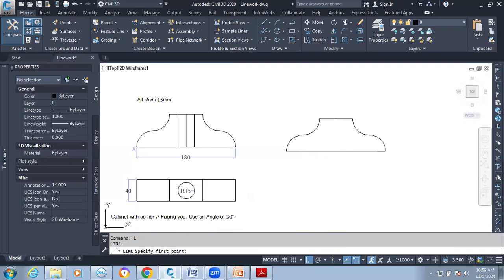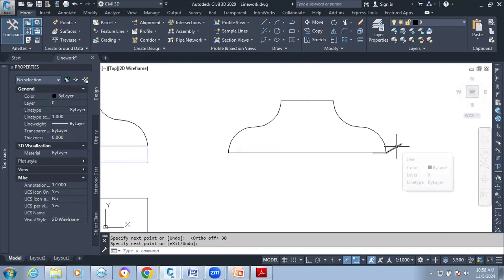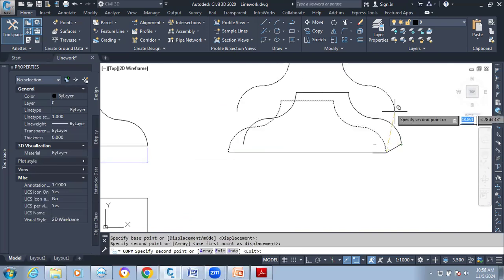So line, 20, tab. So this is the receding line. You could copy the same front face to the back here because it'll be the same thing.